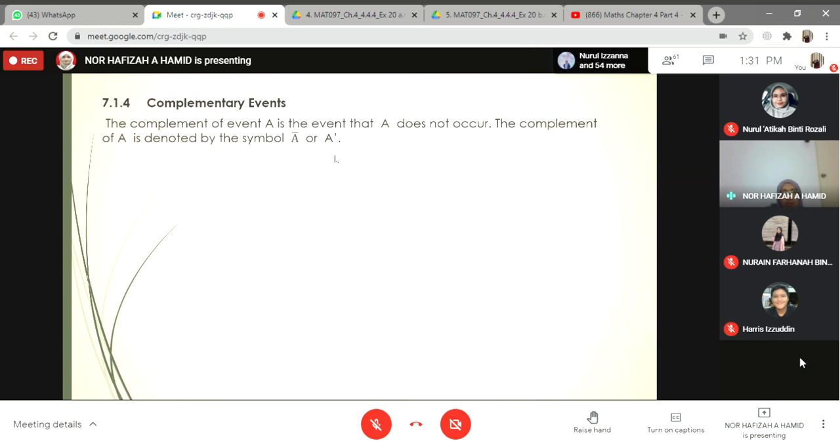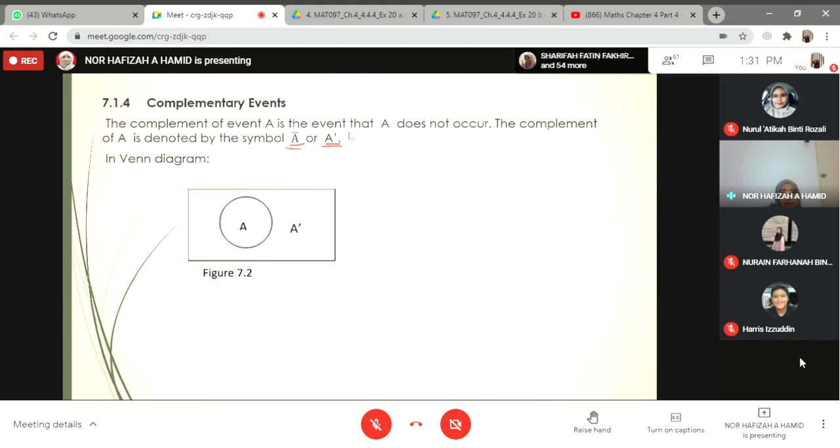Saya rasa complementary event sekolah you dah belajar dah. Dia untuk event yang selain daripada A. In terms of Venn diagram, for example, this one is the event A. So A complement maknanya semua outcomes yang bukan daripada A.